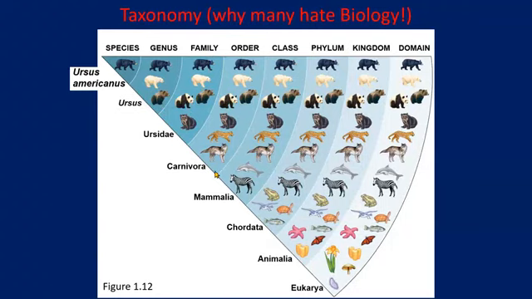The order would be Carnivora, and then it comes into the class Mammalia. Then the phylum, kingdom, and domain. The taxonomy is very vast, and how you come up with the names and compare all those things is a very different science, but the idea here is not to remember the biological names.